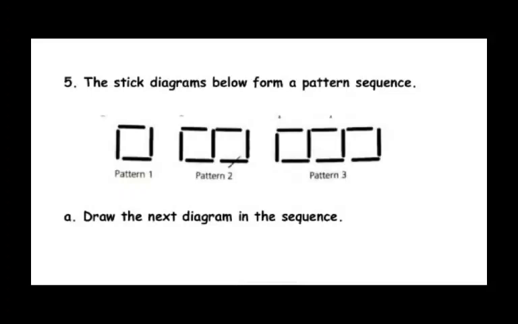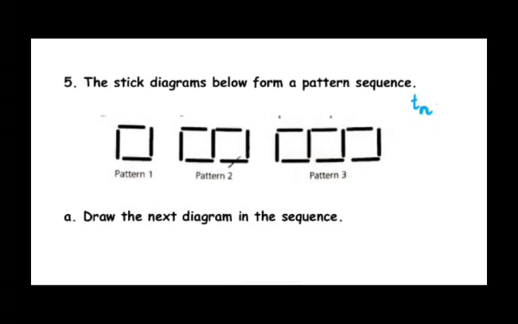Children, in this sum, I would like to introduce a formula to you, and I will tell you why I will be doing so. Look at the pattern. First let me tell you the formula. Whatever the term, let's recognize the position of the number as n.